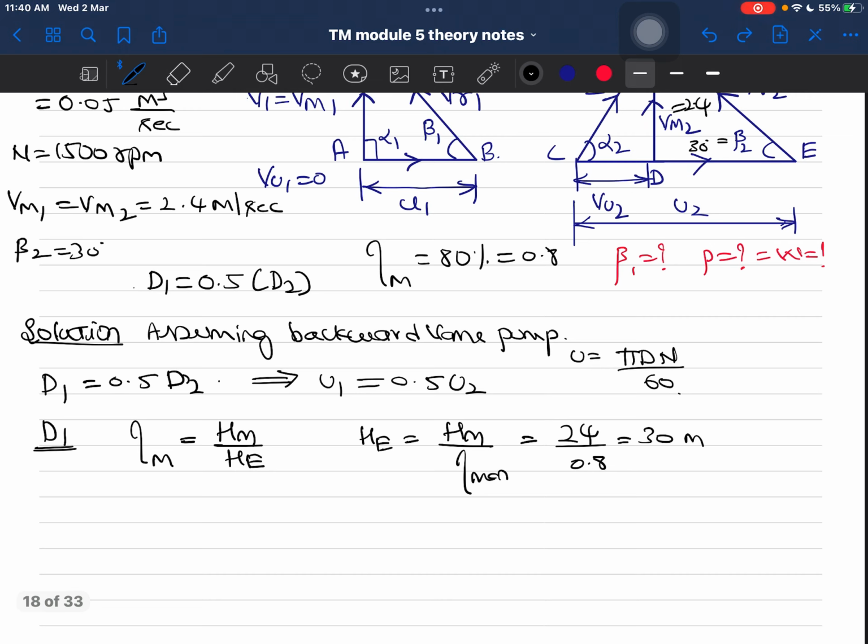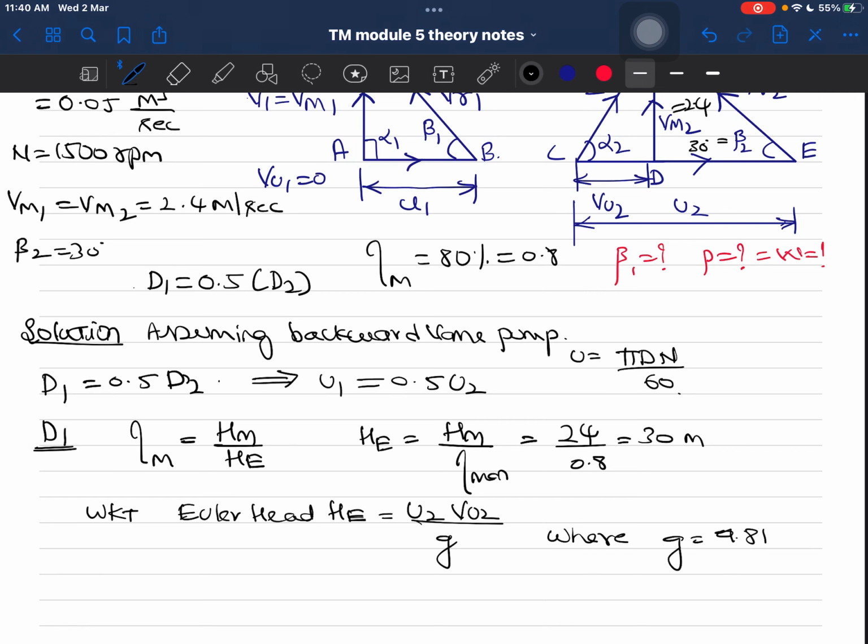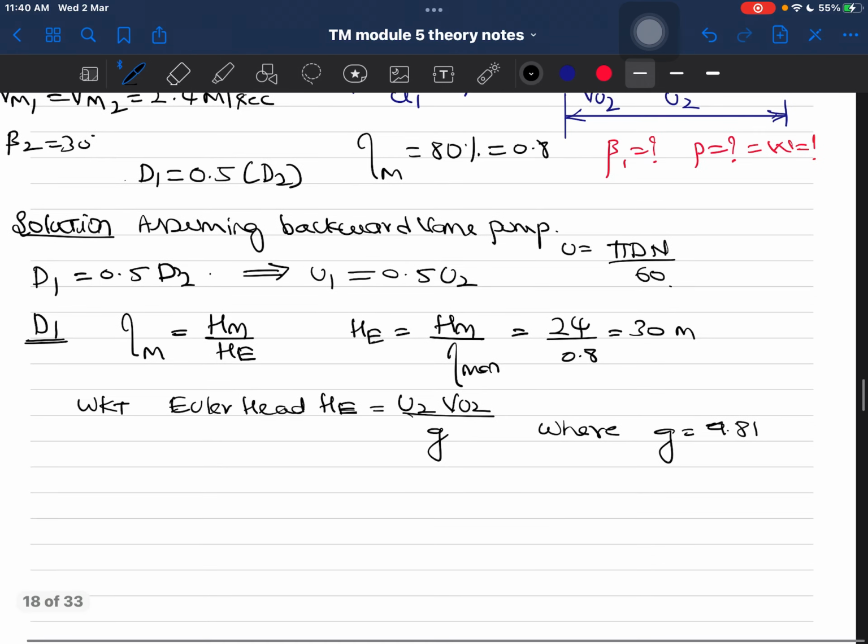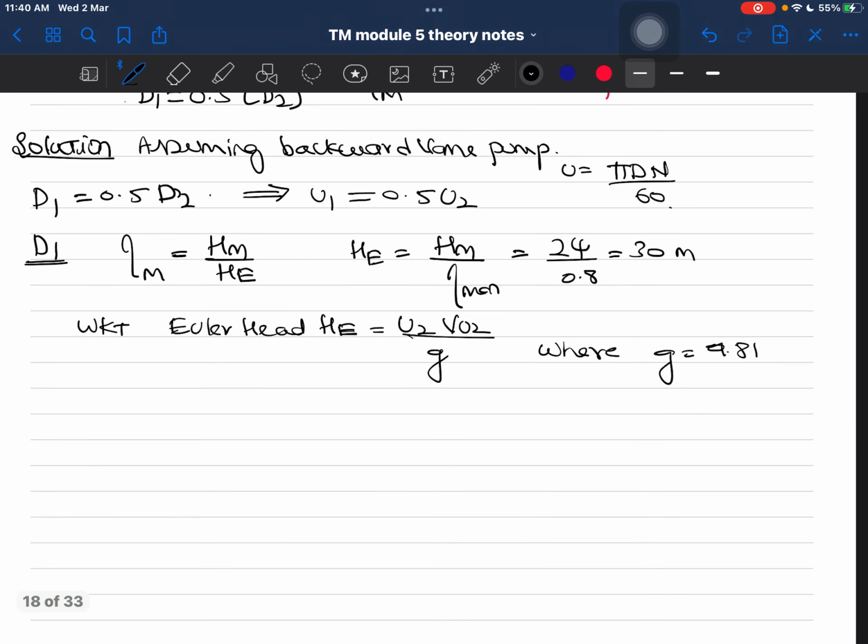Now we know that Euler's head HE is given by U2 Vu2 divided by g, where g is 9.81. So just keep it aside. We will come one by one. If you find the value of Vu2, you can calculate this.